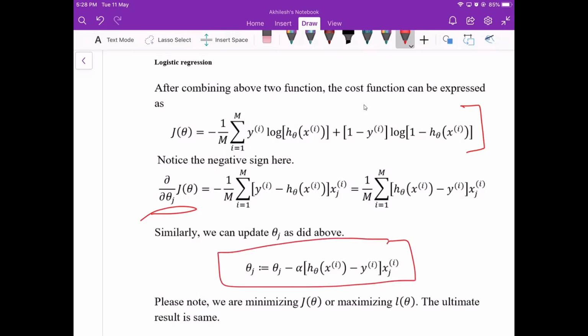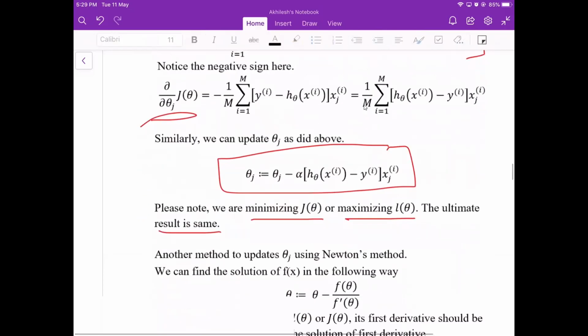So either you use the log likelihood maximization or minimization of the loss function, the result would be the same. Note, minimizing the loss function or maximizing the cost function, the ultimate result is the same.